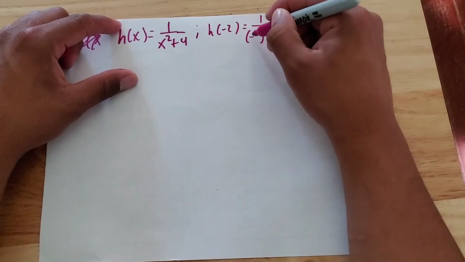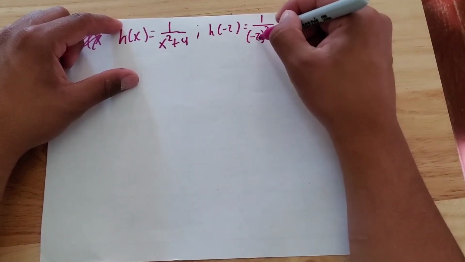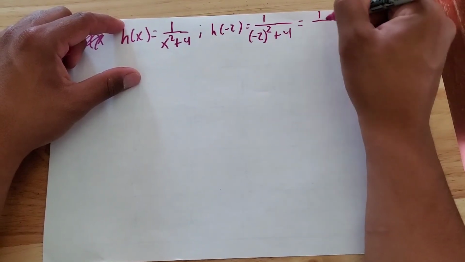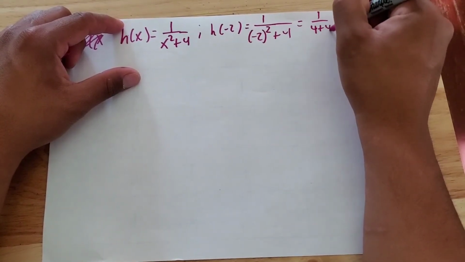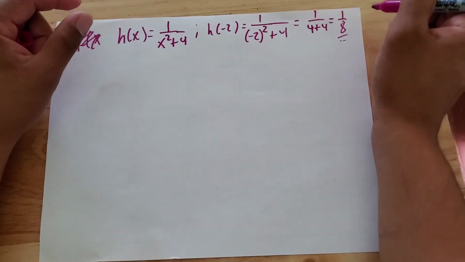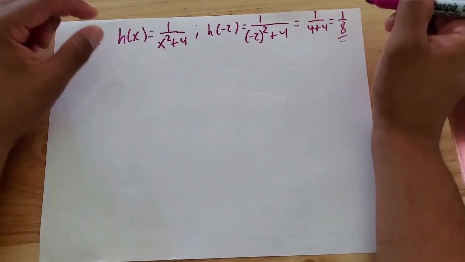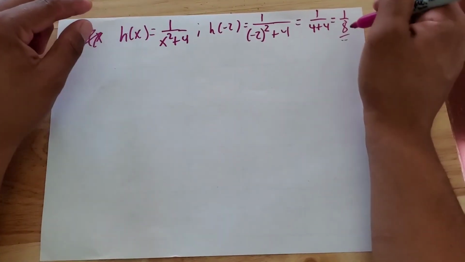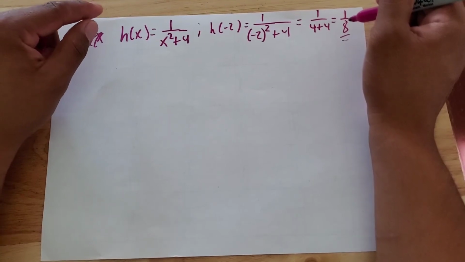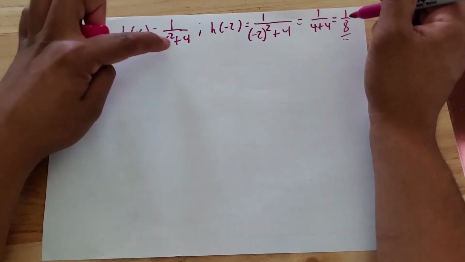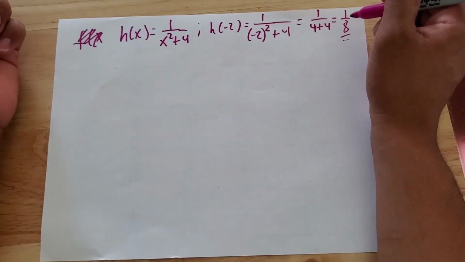And remember, when that negative is inside the parentheses like that, it actually becomes positive 4 plus 4, which gives me 8. Well, that's not 0. Okay, then 2 must work. But 2 squared is going to give you 4 plus 4, which is also 8. And if you plug in 0 here, well, 0 squared is 0 plus 4. It still gives you 4. So that's not 0 either.